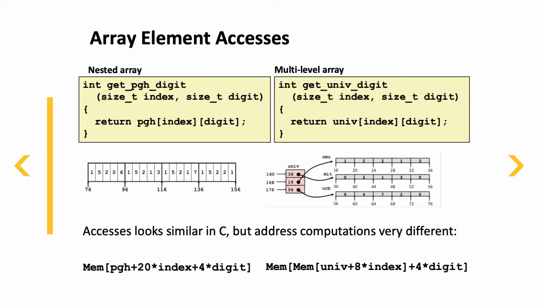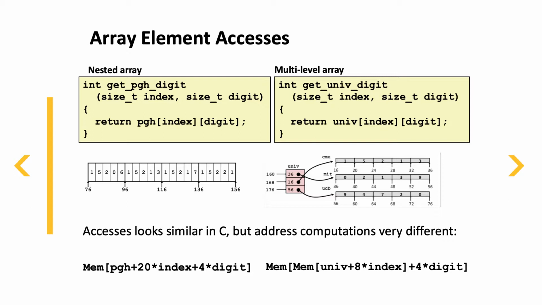That's our C times K. We're keeping internal arrays that are 5 elements long, and they're integers. So that's 5 times 4 is 20 times the index to get us to the appropriate row. Then we do 4 times the digit to get us to the offset within that row that gets us to the column we want. So that's how we do an individual element access in a nested array.